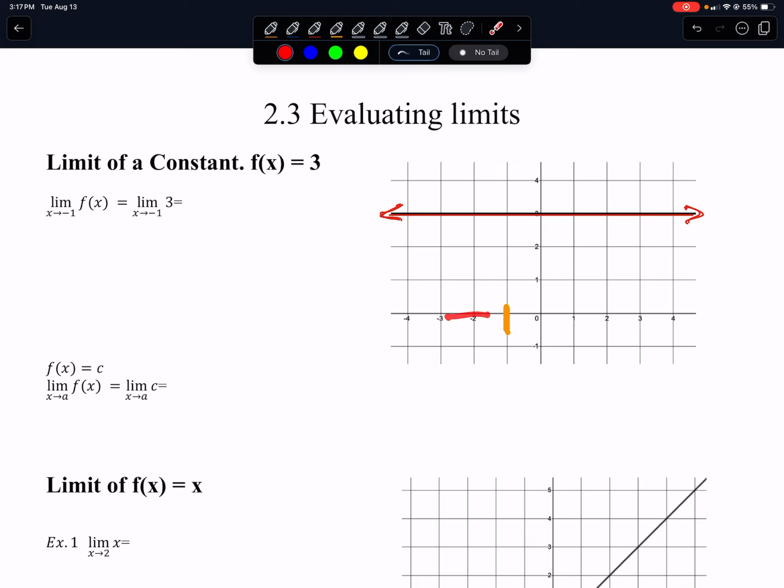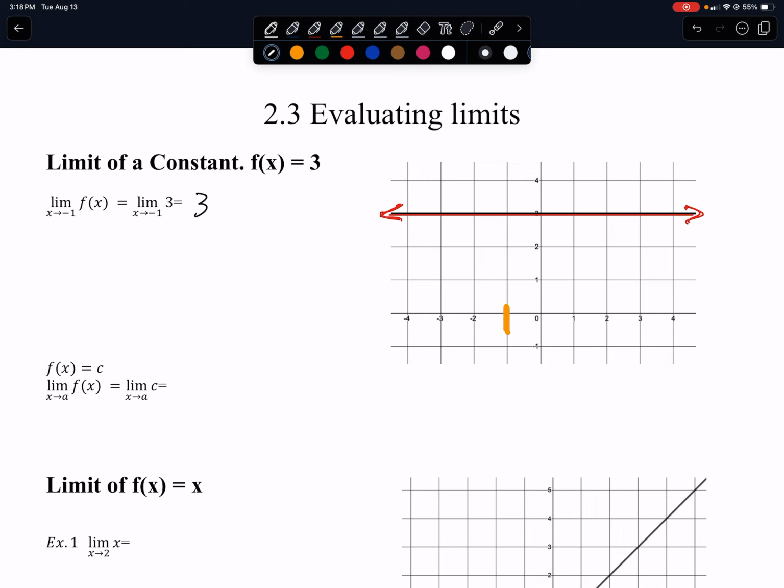So I'm approaching from this side and approaching from that side, right and the left. Clearly, as I get close to -1 from this side, the y value is always 3. It's constantly 3. So as I approach from the left, the y value is 3. As I approach from the right, the y value is 3. So clearly, this limit will be 3 because the function is always 3. So the function will always be approaching 3 no matter what.